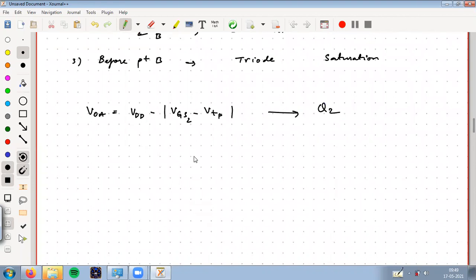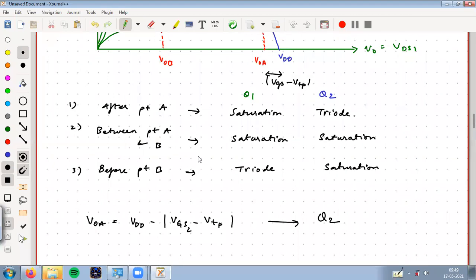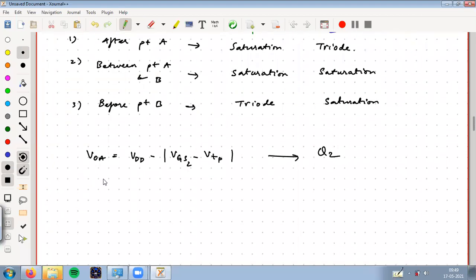Any queries still here? Have you understood this part? How I got VOA? Okay, fine. Then VOB. B is the turning point for Q1, where Q1 changes from triode region to saturation region.